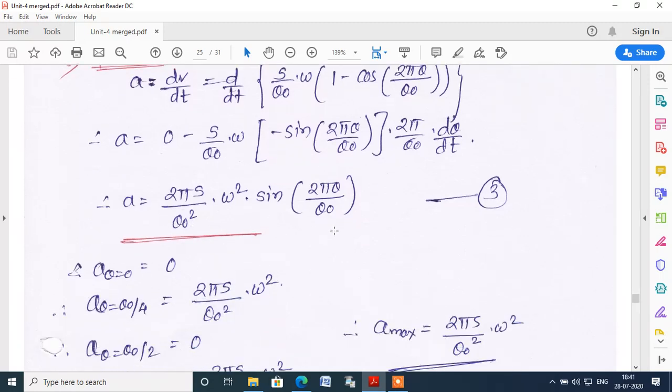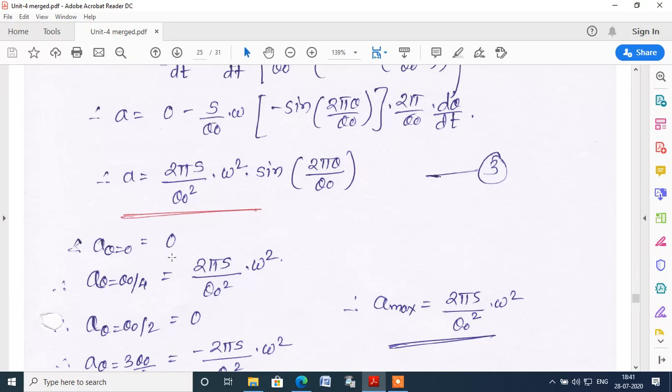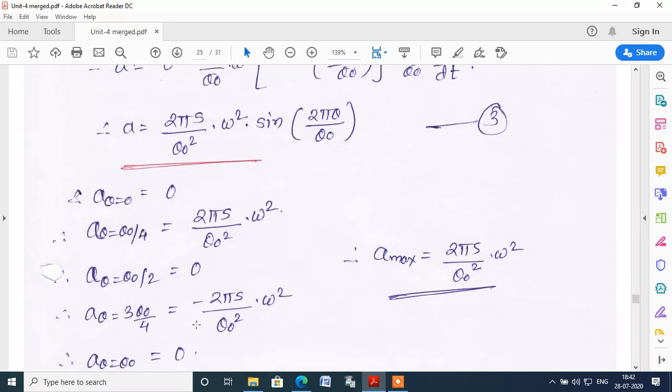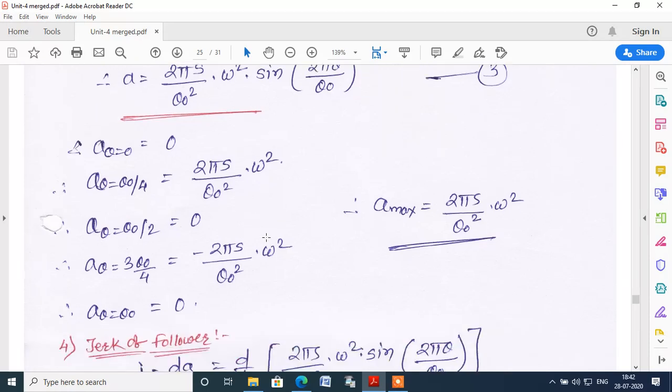So again at theta equal to 0, acceleration is 0, at theta equal to theta naught by 2, acceleration is also 0, and at theta equal to theta naught, acceleration is 0. But at theta equal to theta naught by 4, acceleration is 2 pi s upon theta naught square into omega square. So maximum acceleration is 2 pi s upon theta naught square into omega square.